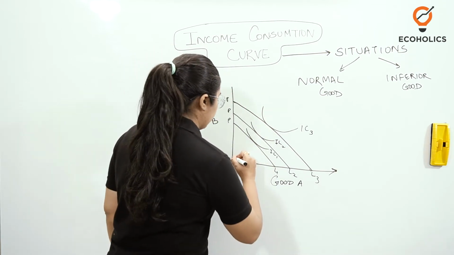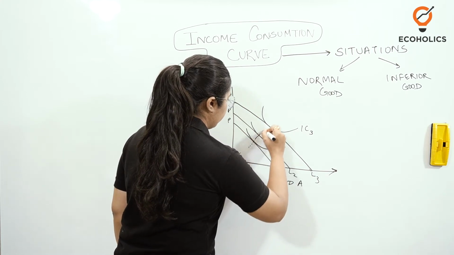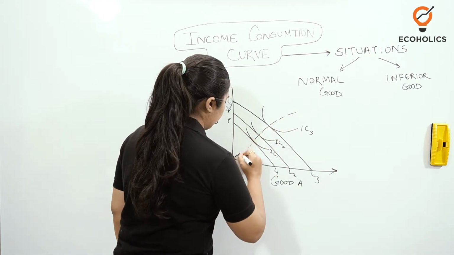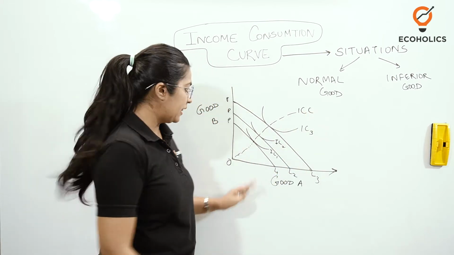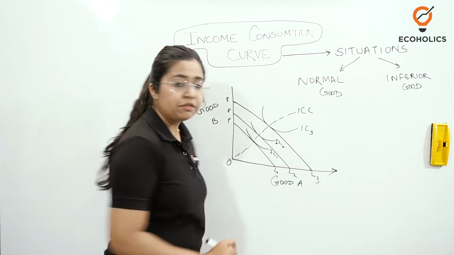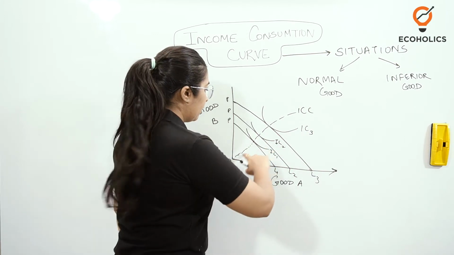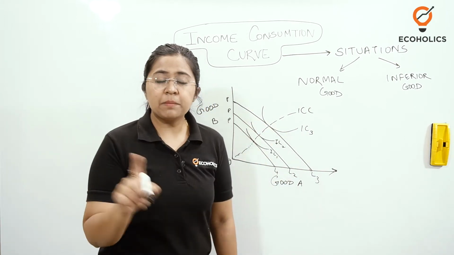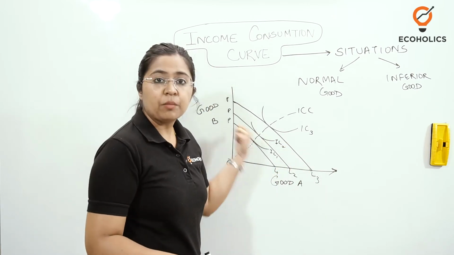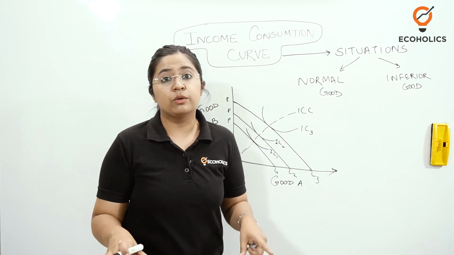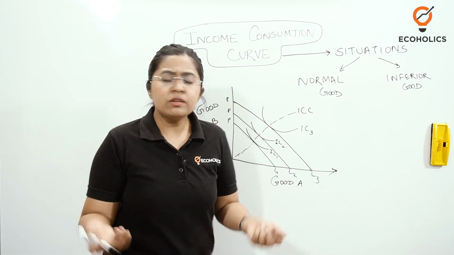So this was originally the ICC that we had. Okay. Now over here we see that the income consumption curve is for both the goods. The income consumption curve represents what? That commodity A and commodity B are both normal goods. But why are they normal goods?